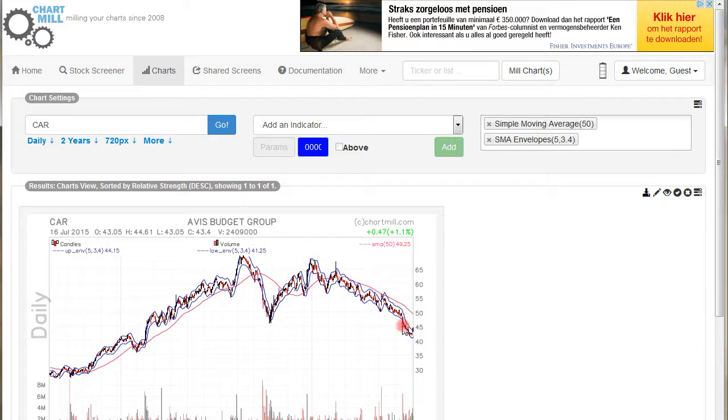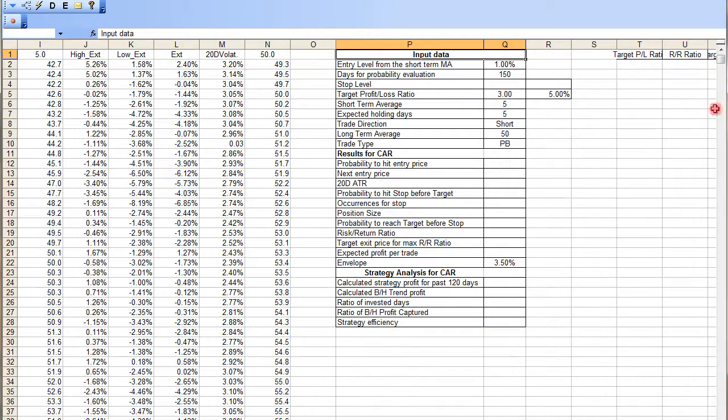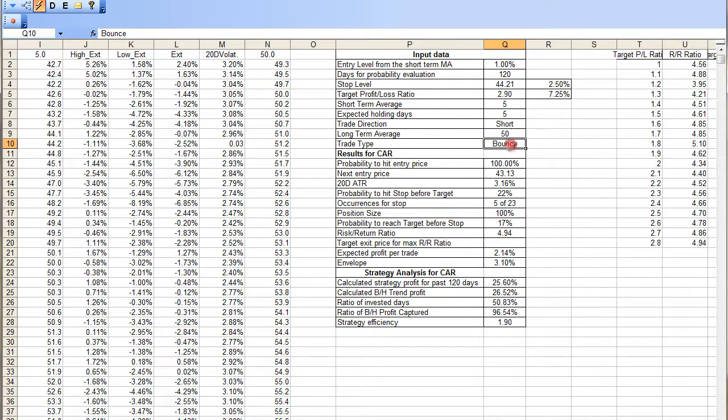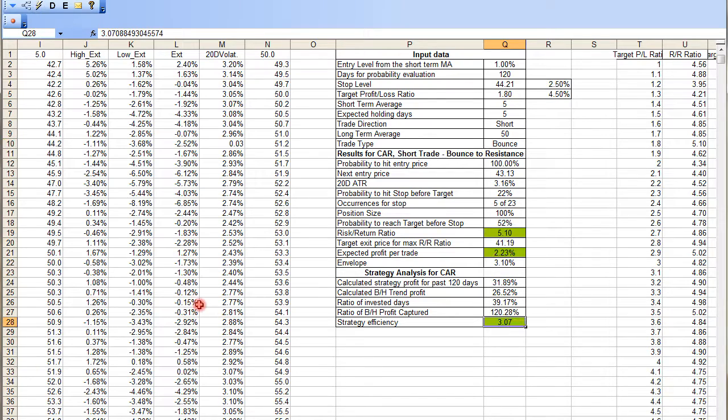So we are going to test 120 days on the downtrend. Okay, I type 120 days. I will test shorting a pullback, shorting a bounce here. You see here there is pullback written, but it will be changed into bounce automatically.